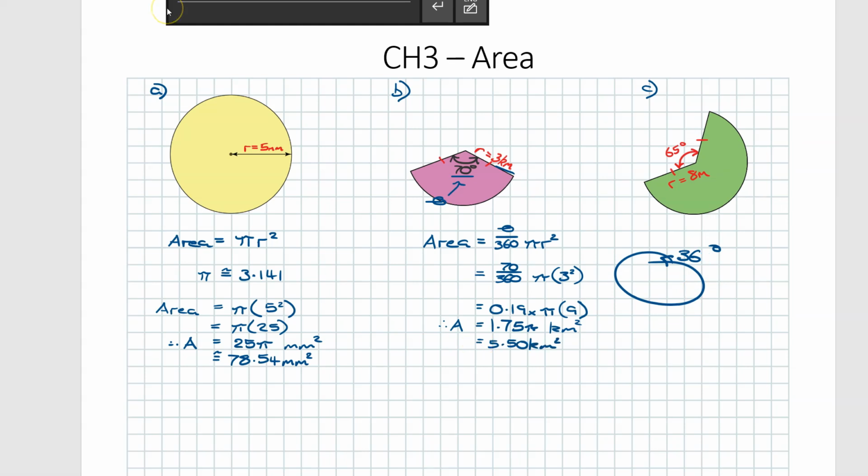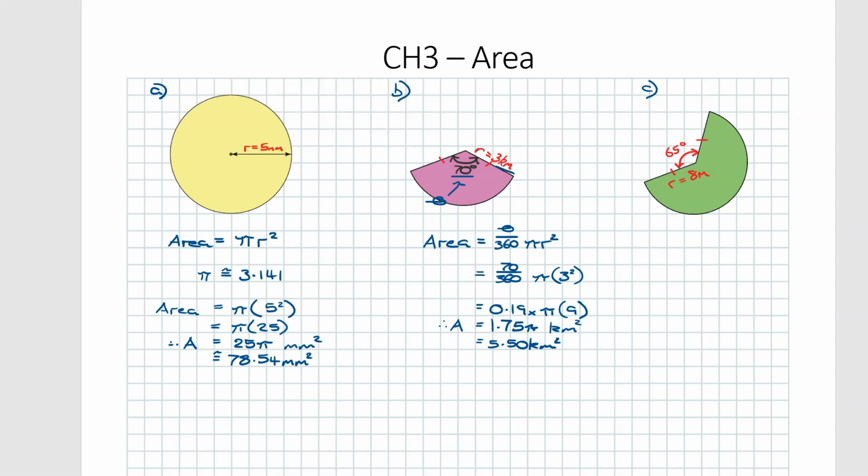Now, final example, over in part C, we've got a portion of a circle once again, but notice the angle denoted here is actually the outer part of the circle. So it's not telling us what we have, but rather what we don't have. So once again, we're going to use our formula of area equals theta over 360 times pi r squared.